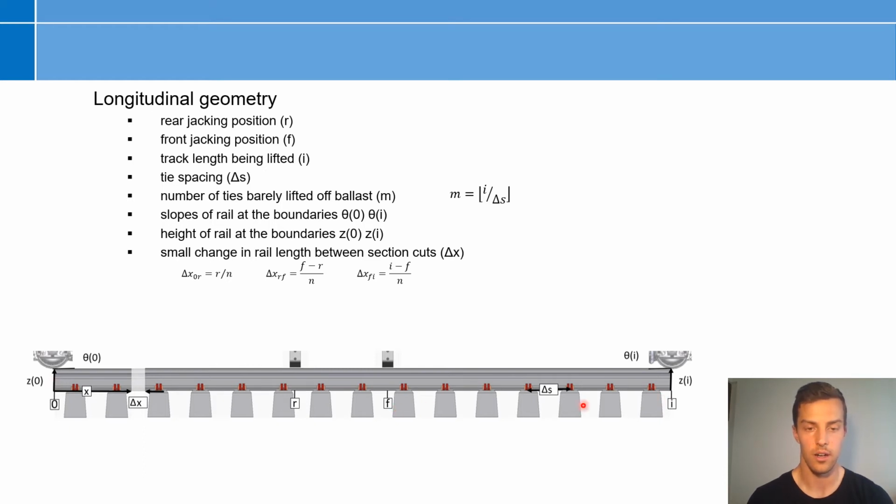We know the tie spacing, so these ties have some weight to them, and each one is going to pull the track down a certain amount at each point. We know the number of ties being lifted. We know the slope at the boundaries, and we know the height at the boundaries. And we can develop a small change in rail length between section cuts, depending on how many section cuts we want to make.